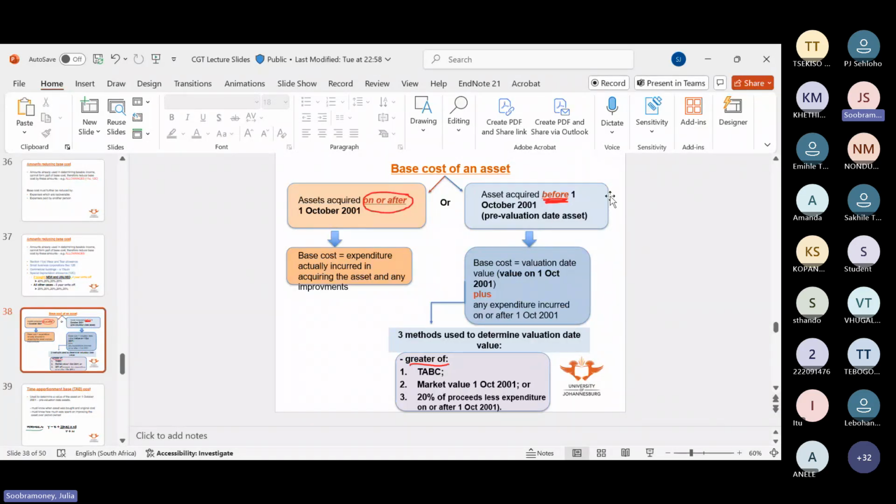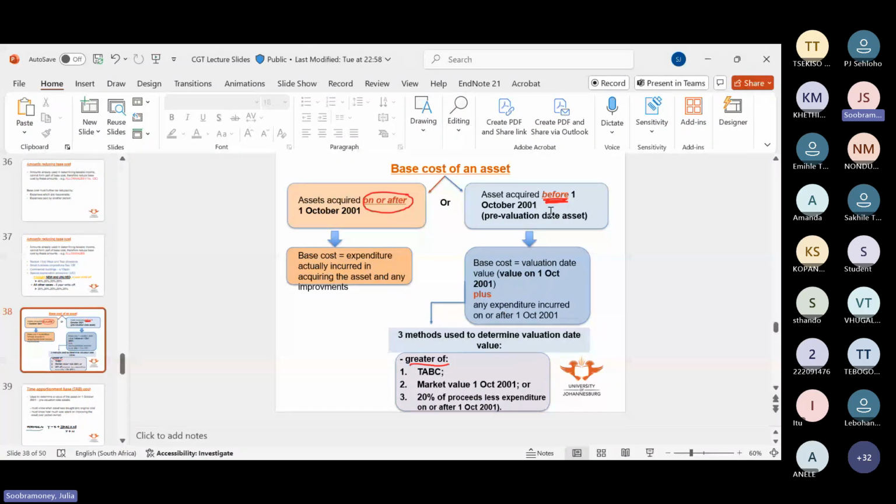Okay. Now you need to say, now I'm selling it maybe 3 or 4 years later. So now I need to determine during 2001 and up until the date that I sold it, was there any improvements to the asset? So cost price that I need to capitalize. If there was, you're going to add it to that cost price of the base cost. So now your cost price will increase.